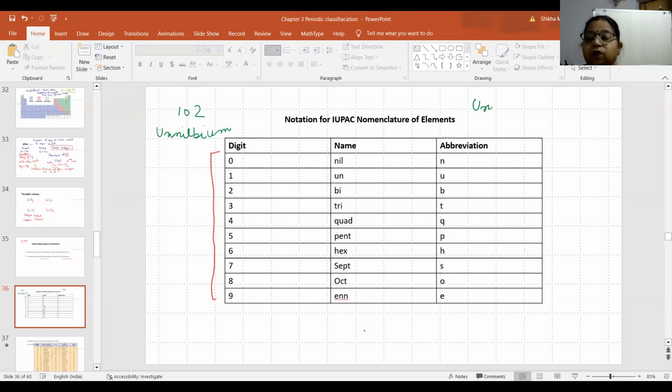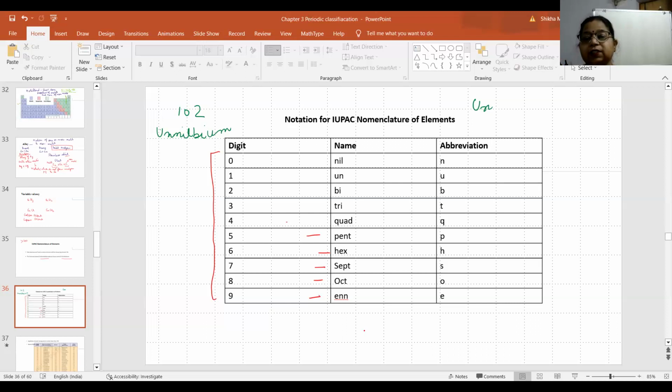Then 1 is read as un, 2 is read as bi, 3 is called tri, 4 is called quad, 5 is called pent, 6 as hex, 7 as sept, not hept, sept, 8 as oct, and then 9 as enn.